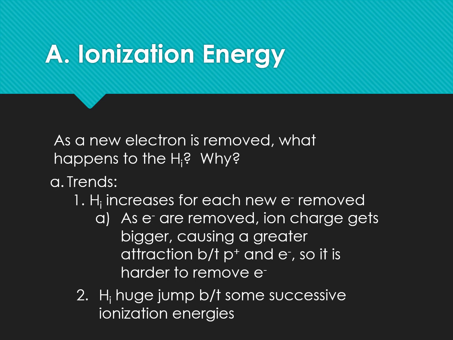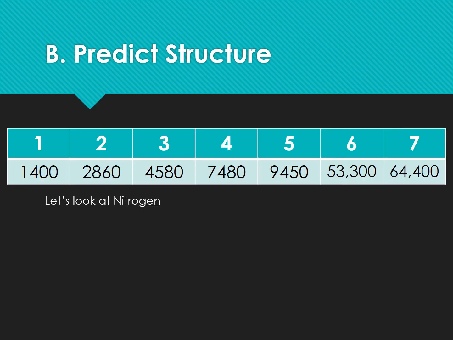There's a huge jump between the successive ionization energies when it becomes a noble gas configuration. So for group 1, it's always 1 electron, group 2 is 2 electrons, and then so forth. So look at nitrogen. Nitrogen has 5 electrons to become noble gas.